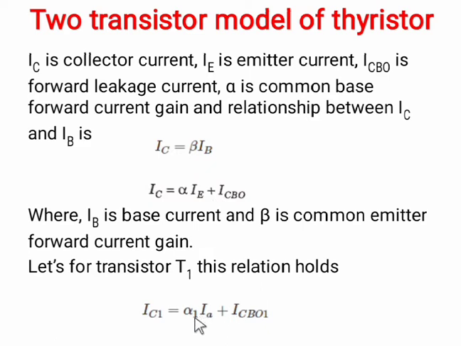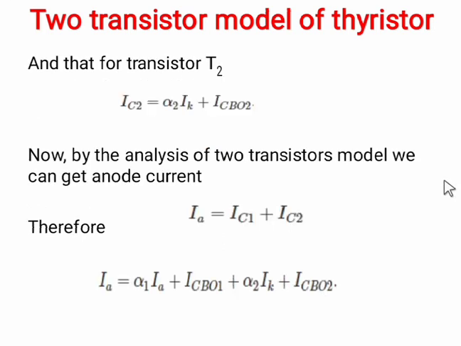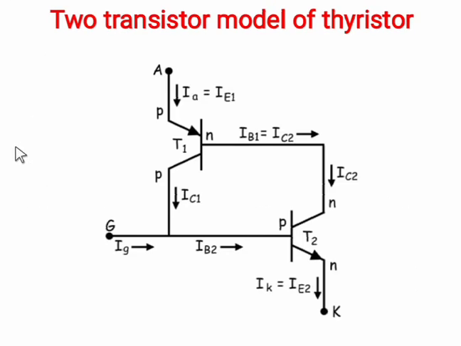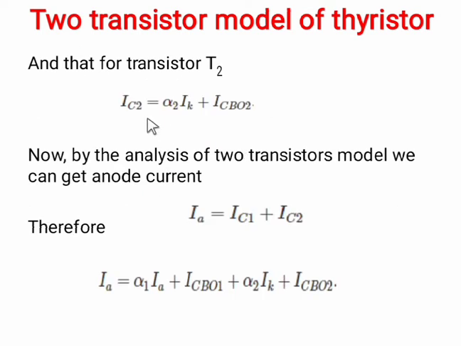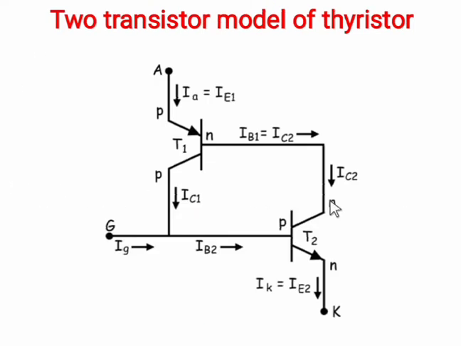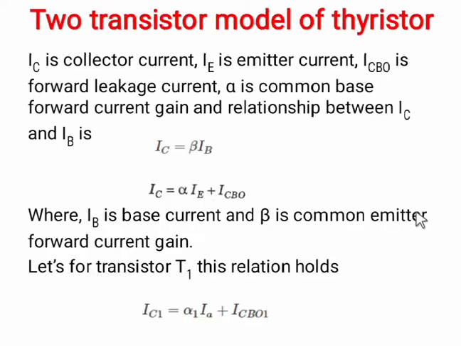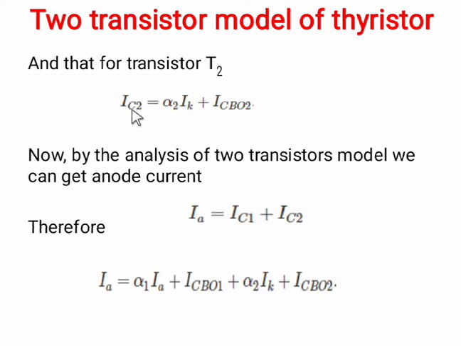So IC1 equals alpha 1 IA plus ICBO1. If we apply this equation to transistor T2, the collector current is IC2, alpha is alpha 2, and the emitter current of transistor T2 is IK. So IC2 equals alpha 2 IK plus ICBO2.